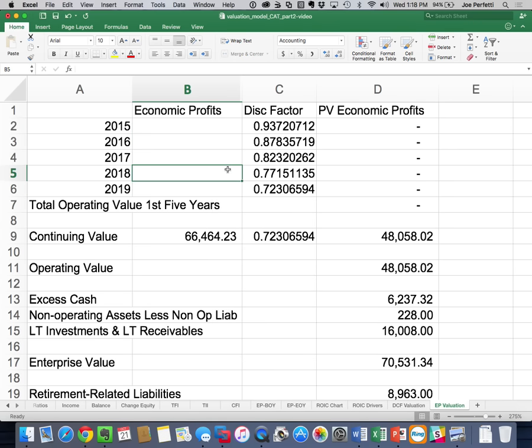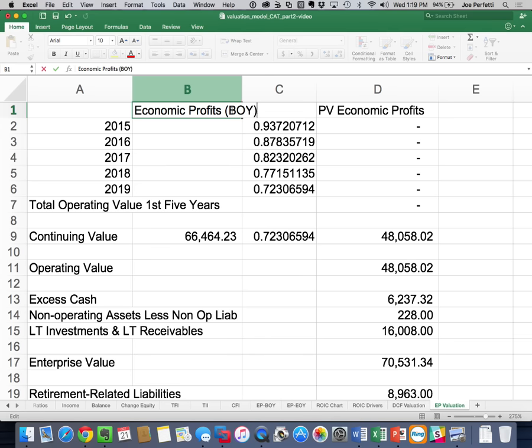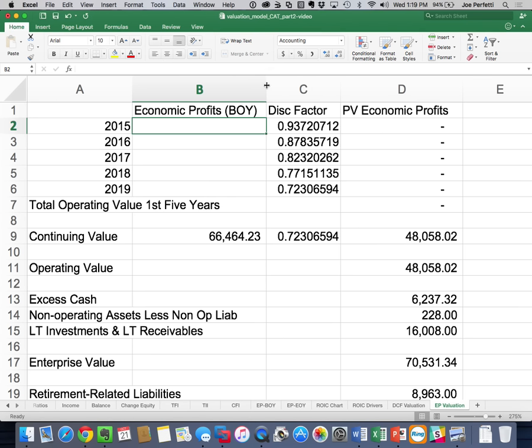Now, very specifically, I want the BOY economic profits. In fact, I'll highlight this in here for you, BOY. And I'm choosing BOY for a very specific reason because I want these valuations to match.